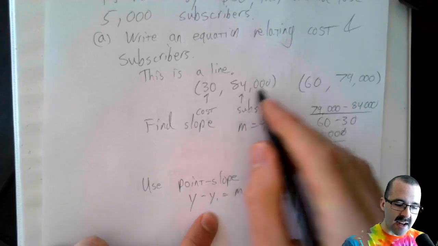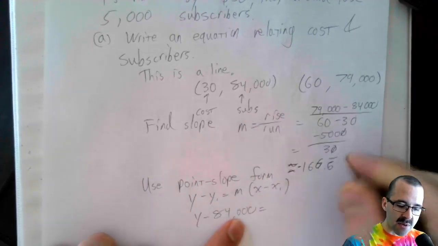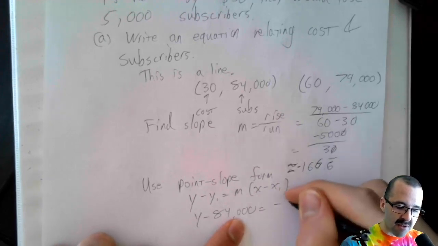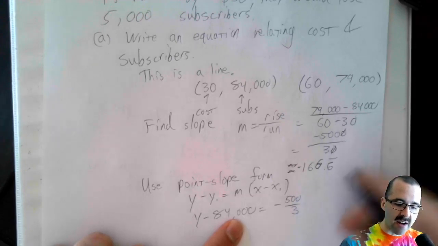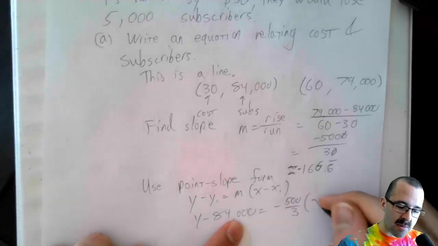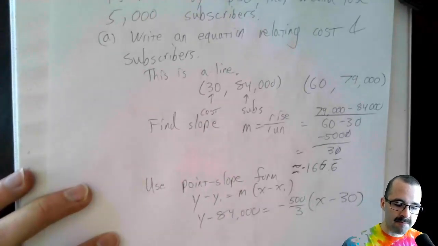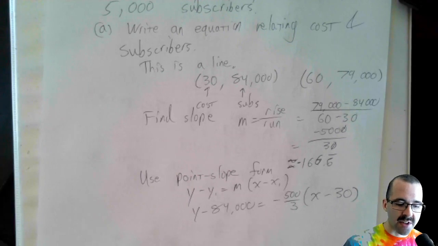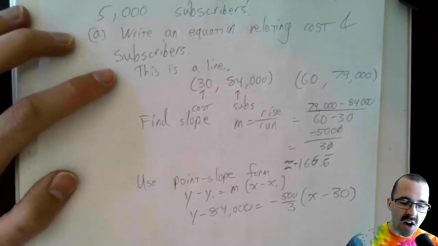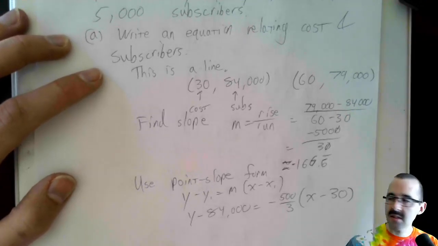So y1 is that 84,000, equals m, which is negative, let's write it as a fraction, negative 500 thirds. You could write it either form, times x minus x1, which is 30. Okay, so this is one equation relating the cost of the subscription to the number of subscribers.